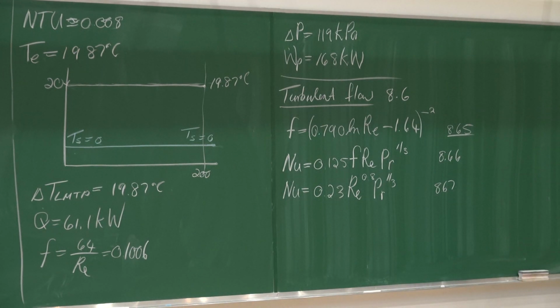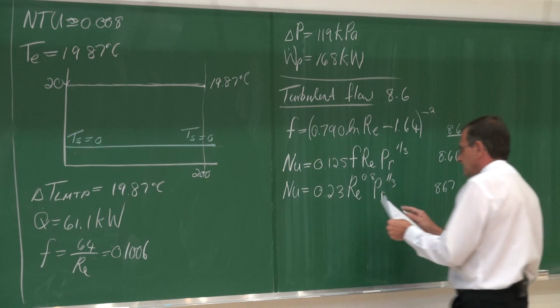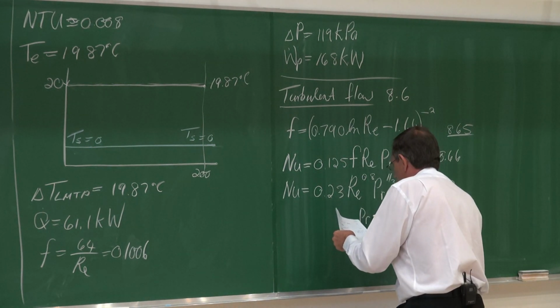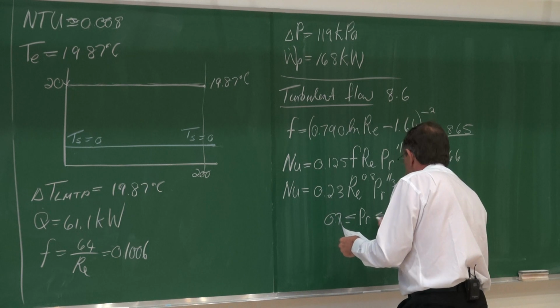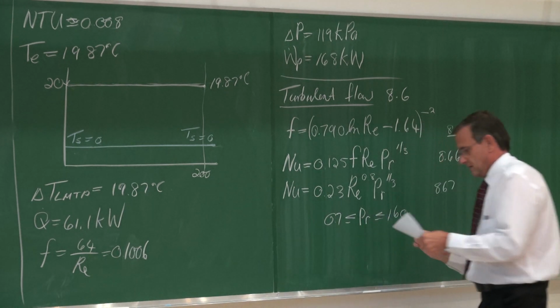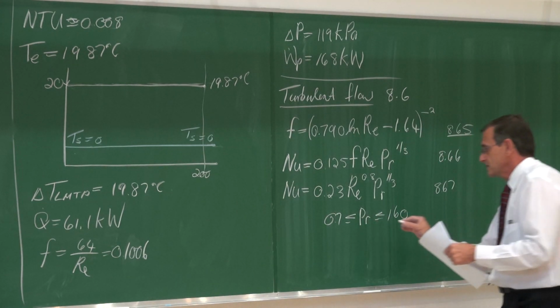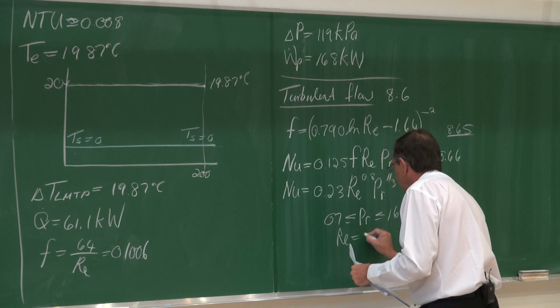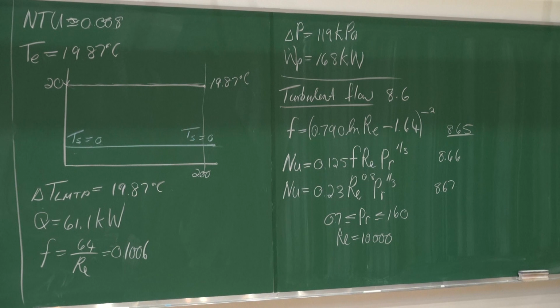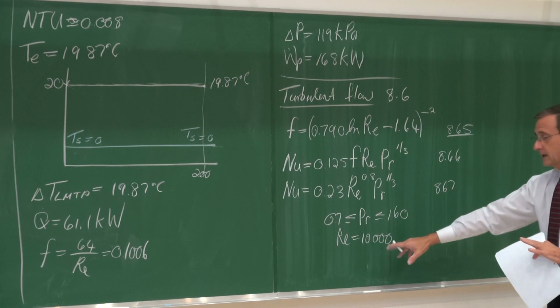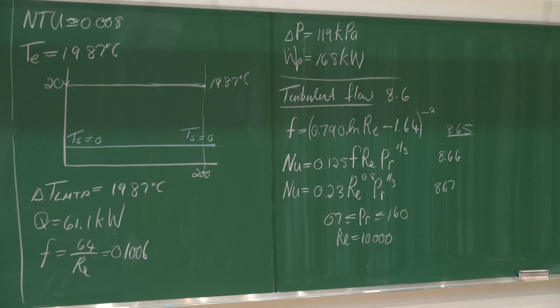Now take note, in the fine print, this equation is valid for Prandtl numbers larger than 0.7 and smaller than 160. And the Reynolds numbers should be larger than 10,000. So just after transition, where the Reynolds numbers might be 3,400 up to 10,000, that equation is not valid. It's only valid for Reynolds numbers of 10,000 and more.